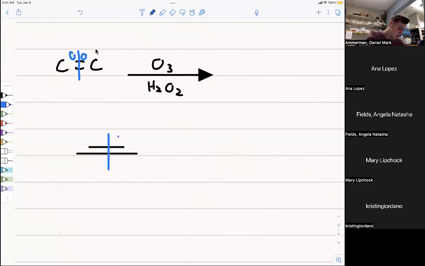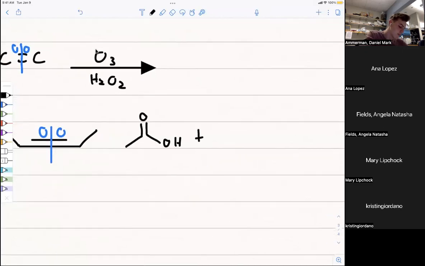We're going to do our cleavage, and on both sides you'll get carboxylic acid, so you'll get two of these. That's what you would get there.